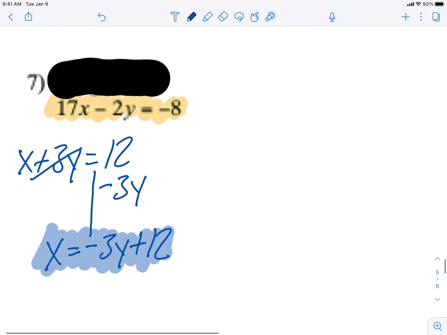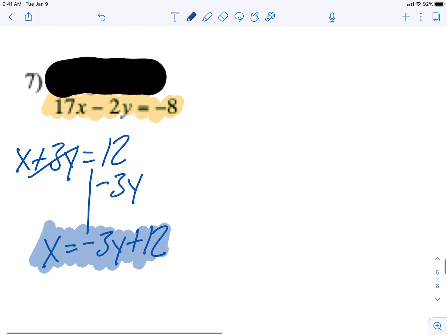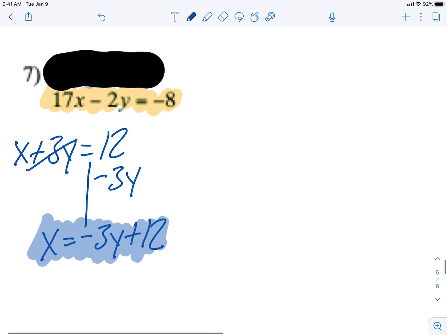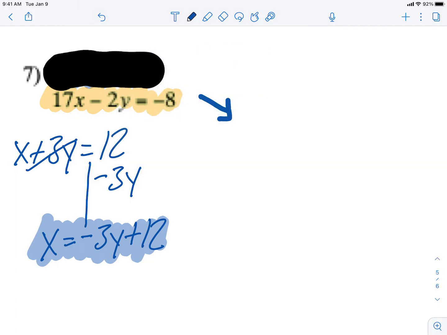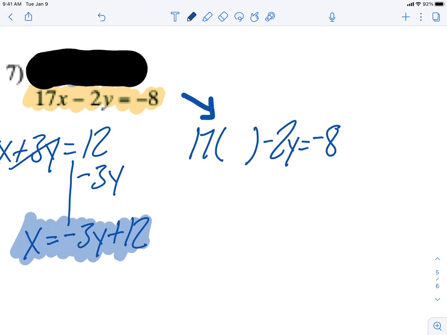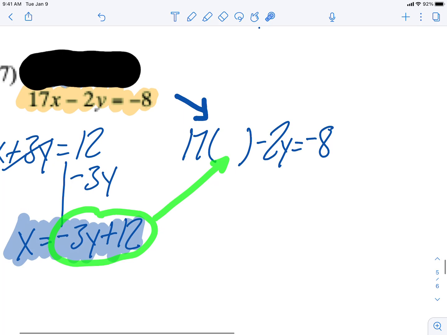Okay, so since I have x equals, that means I'm going to take my yellow here and I'm going to plug in for x. 17 big parentheses minus 2y is equal to negative 8. So what goes inside the parentheses for x is this right here, negative 3y plus 12. Right?